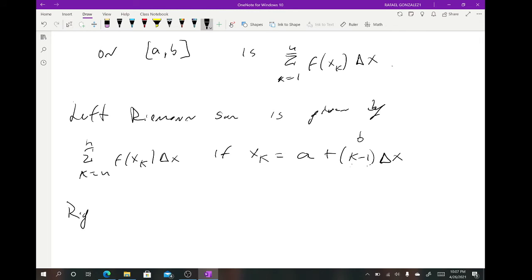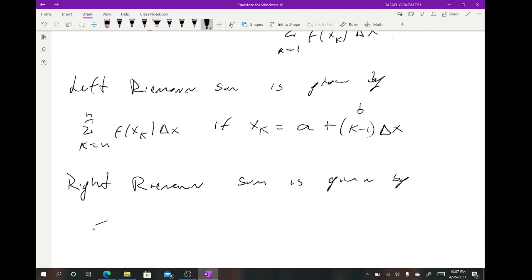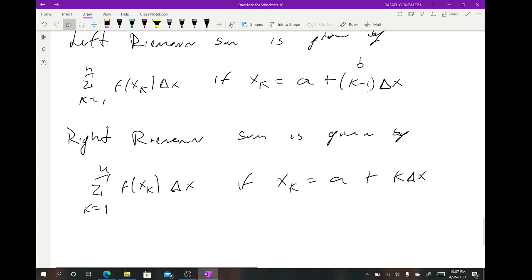The right endpoint will give us the right Riemann sum, which is the simplest one: the sum for k equals 1 to n of f of xk times delta x if xk is equal to a plus k delta x.